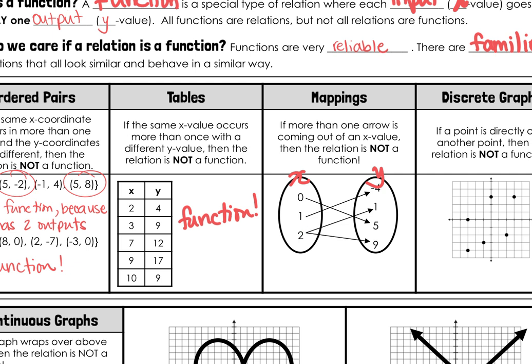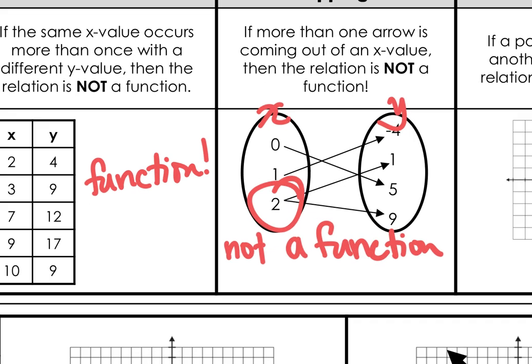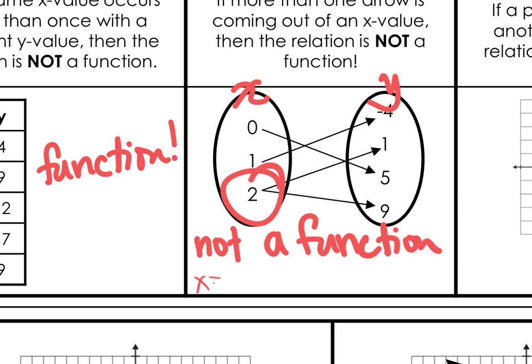This input value of 2 has how many arrows coming from it? 2, which means that x has 2 y's. So now all of a sudden, it's not a function. And again, it's not a function because x equals 2 has 2 outputs.